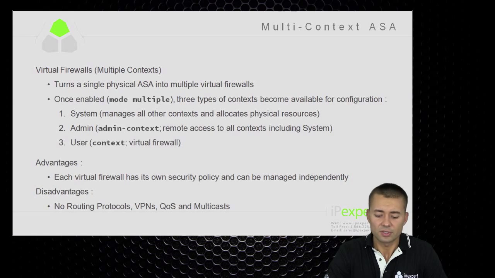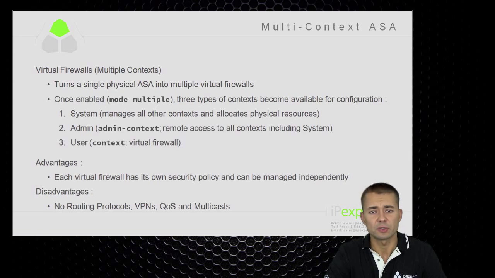Now the advantage is that, as I mentioned, you can have just a single physical firewall with multiple different policies configured on different contexts. The disadvantages are somewhat similar to what we saw in the transparent mode. You cannot run any kind of routing protocols. You cannot use VPNs, QoS, and also multicast is not supported.